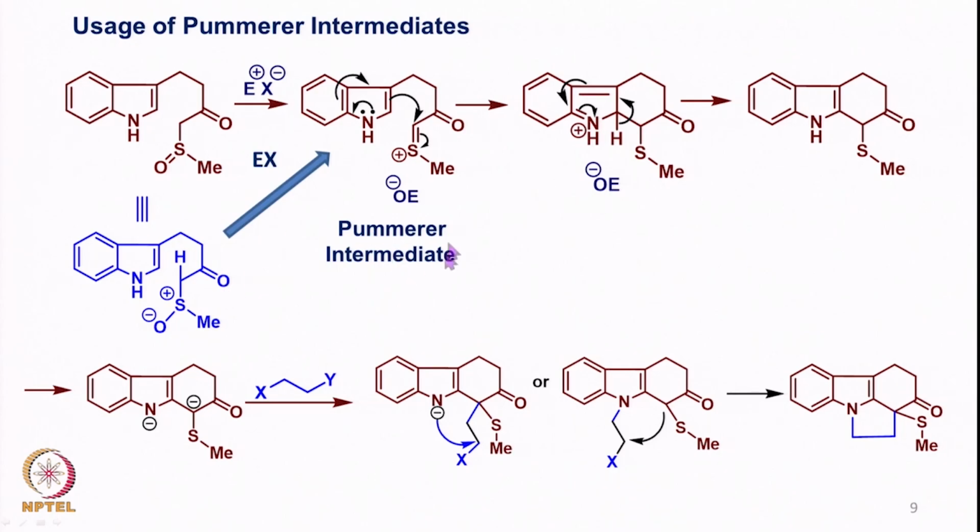So we are going through the Pummerer intermediate and making use of this to form this kind of cyclic molecules.